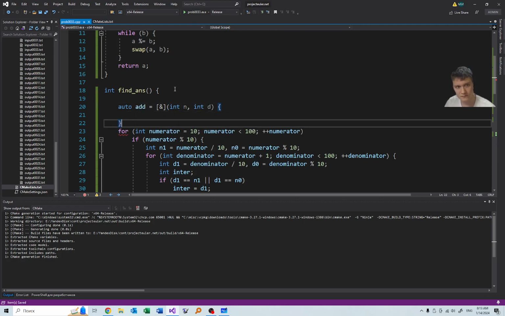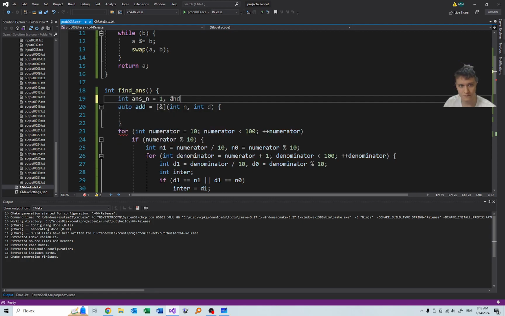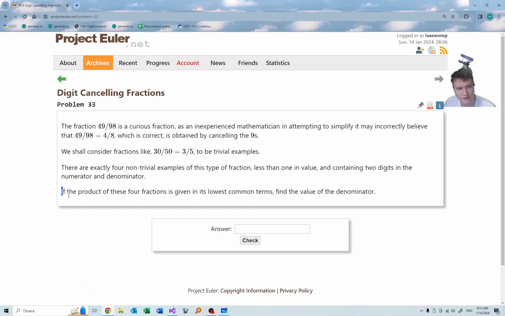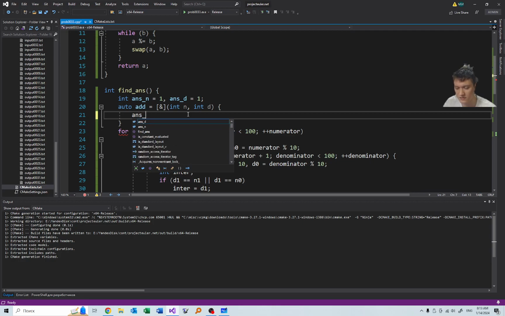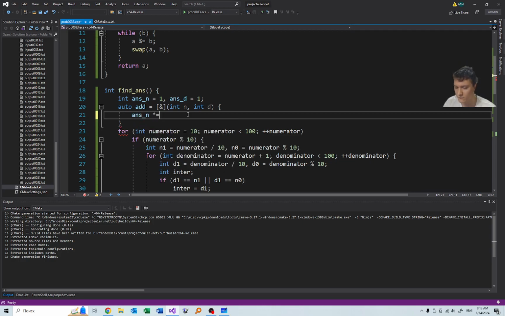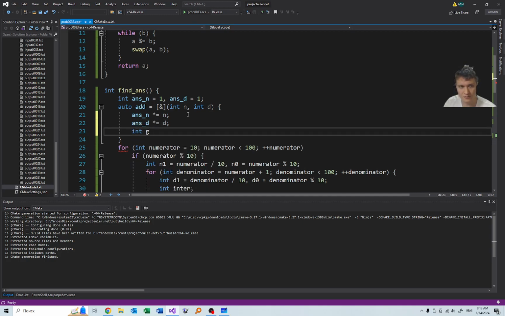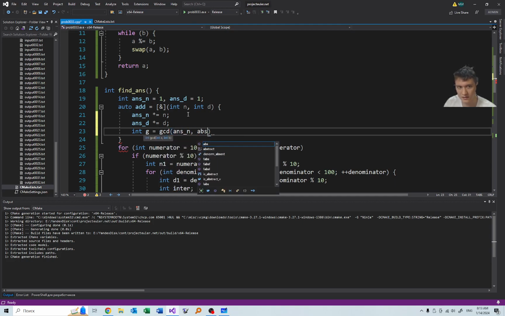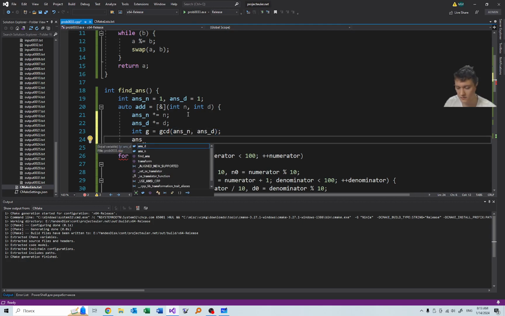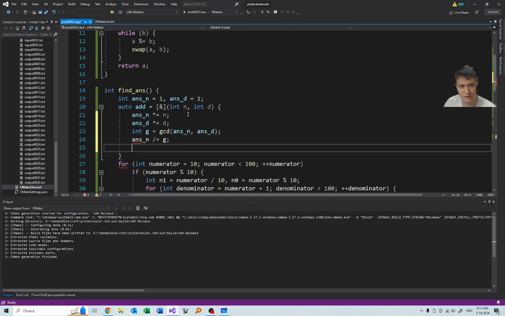How is it done? We need to find the product of these four fractions in its lowest common terms. So we need to say that ans n times equals n, ans d times equals d, int g equals gcd of ans n and ans d, ans n divided by g, ans d divided by g.